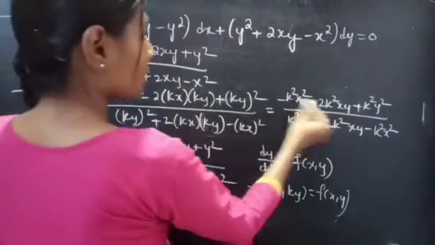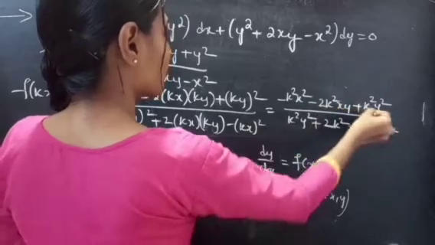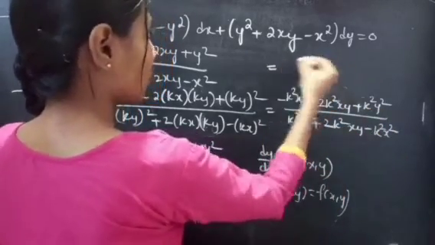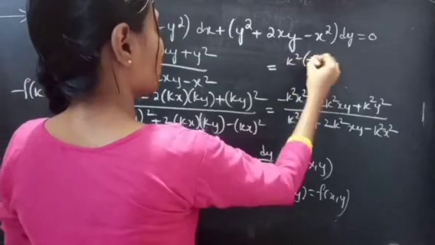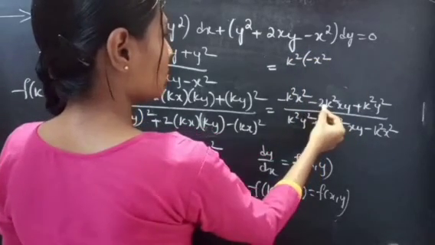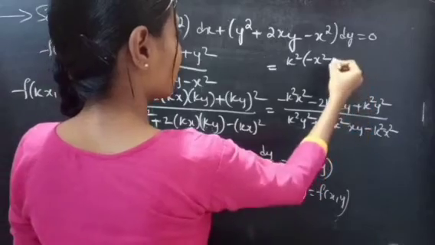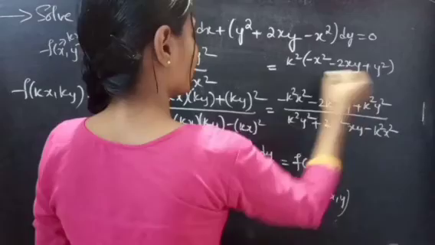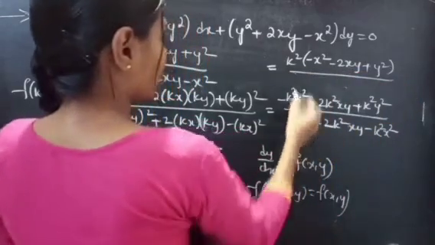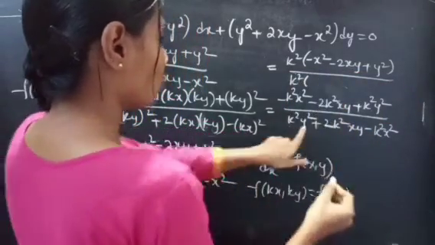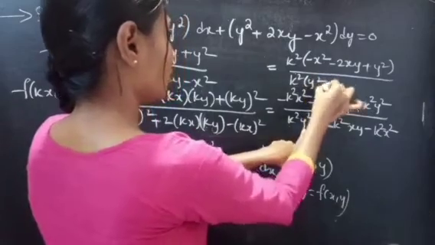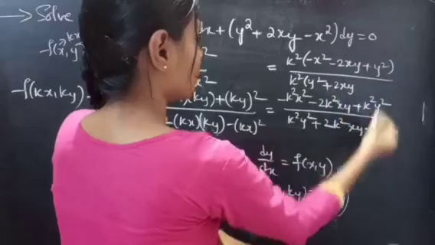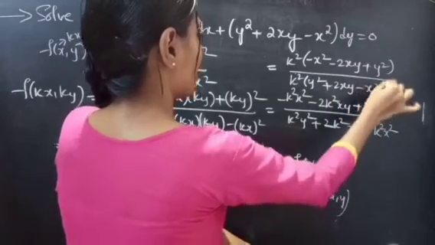Now, we can take k² common from all three terms of the numerator and the denominator as well, and this becomes k²(−x² − 2xy + y²)/k²(y² + 2xy − x²).